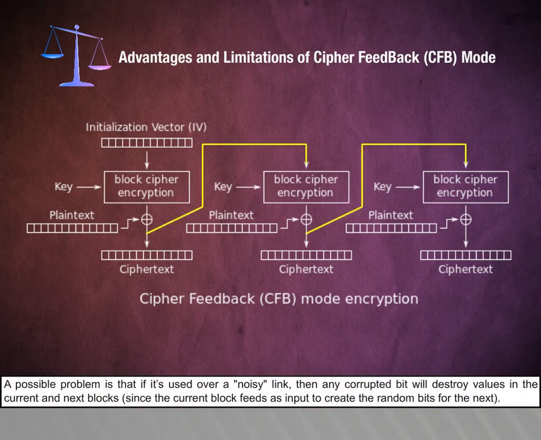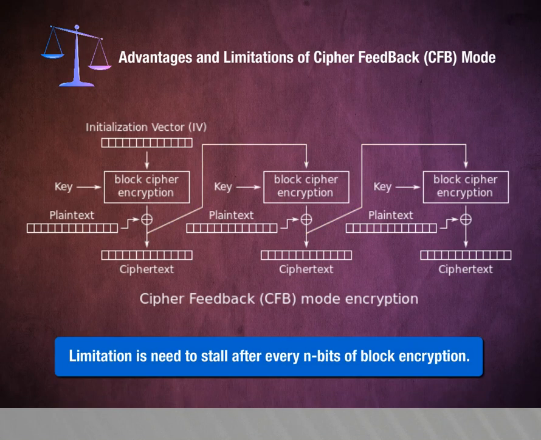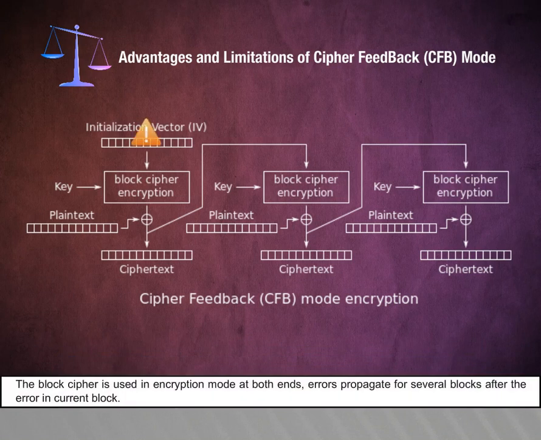A possible problem is that if it is used over a noisy link, then any corrupted bit will destroy values in the current and next blocks, since the current block feeds as input to create the random bits for the next. A limitation is the need to stall after every n bits of block encryption. The block cipher is used in encryption mode at both ends. Errors propagate for several blocks after the error in the current block.